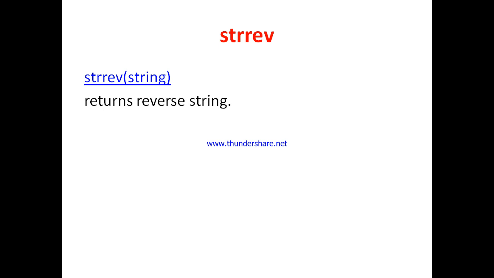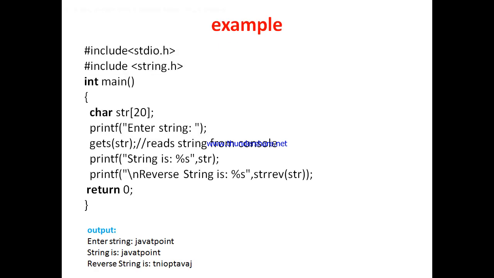Now strrev. Rev means reverse. It is used for reversing the string. Now let us see the example. Here a character array is defined. Enter a string, gets(str). That means we are accepting the input data from the console and storing it into the character array variable str by using the gets function. Then printf string is %s, str, so the value of str is displayed.